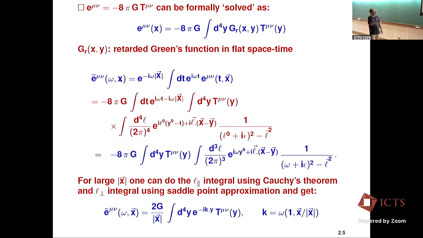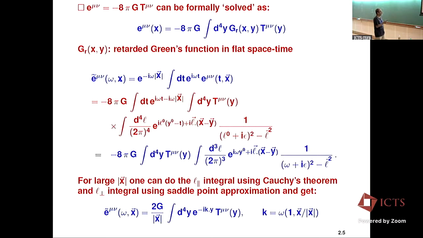So this is the equation that we want to solve, and here is a formal solution that we can write: E mu nu simply as the integral of the retarded Green's function multiplied by the source. Now we will be analyzing this E tilde mu nu omega.